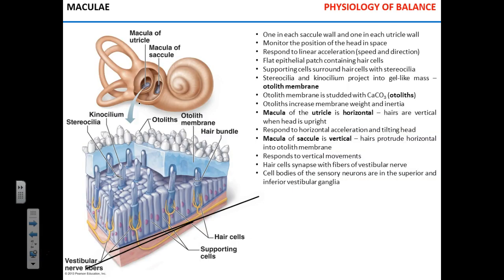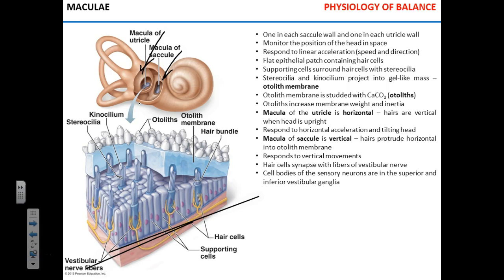So first, let's talk about macula being sensory receptors in the utricle and saccule. One macula in each of those chambers: one macula in the utricle, one macula in the saccule. They respond to the linear acceleration.